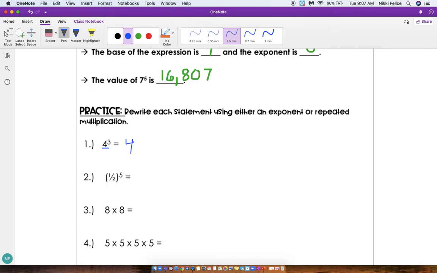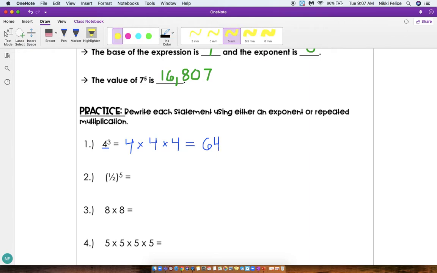We would do it 3 times. 4 is the repeated factor 3 times. So you would do 4 times 4 times 4. This is 4 to the 3rd power. What is the value of that? Well, we know that 4 times 4 is 16, and then 16 times 4 is 64. So 4 to the 3rd power is 64.